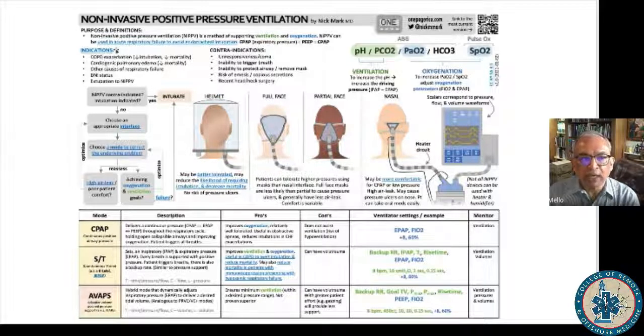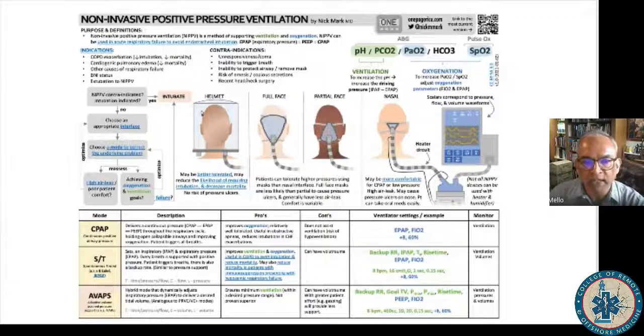As I alluded to earlier, indications are exacerbations of COPD or cardiogenic pulmonary edema, other causes of respiratory failure, prevention to extubate, but this relies on the patient being responsive, being able to trigger a breath, tolerate a mask, being able to protect the airway, reduce the risk of vomiting, and obviously recent head and neck surgery would be a relative contraindication.